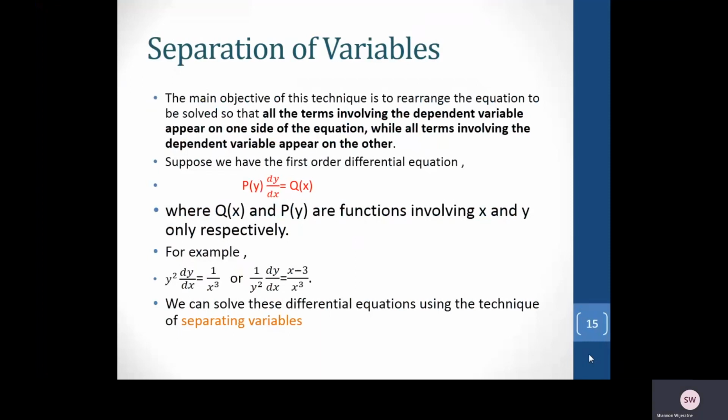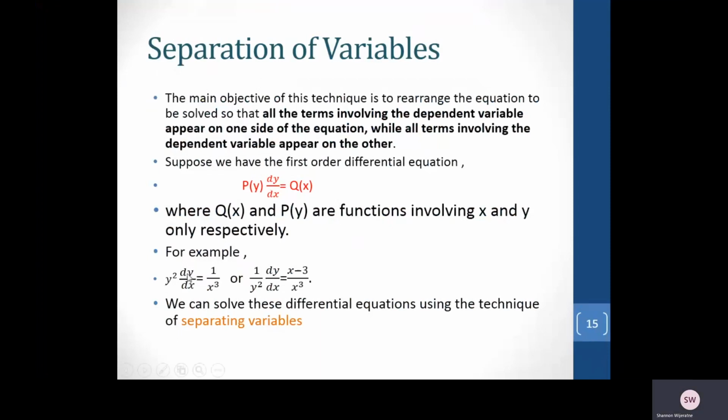Suppose we have a first order differential equation of this form: py dy by dx equals qx. Here qx and py are functions involving x and y. That means qx is a function involving x, so we have all x terms here, and py means functions involving y, so we have all the y terms.